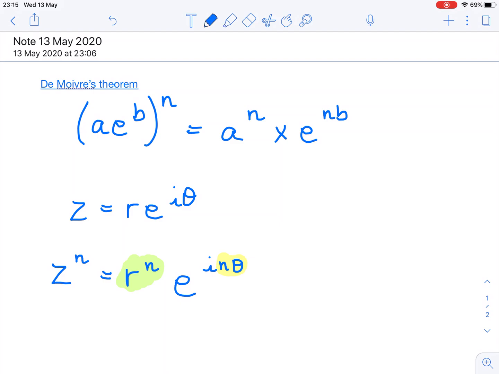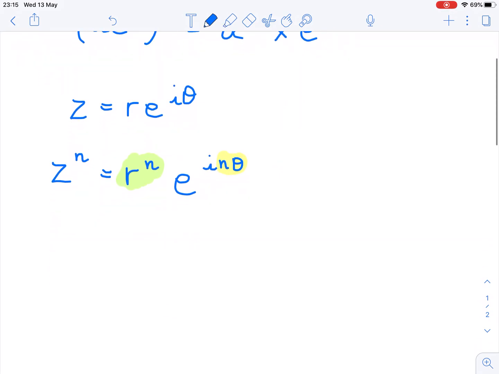So this new complex number z to the n has a modulus r to the n and an argument n theta. So the modulus is raised to the power of n, whereas the argument is multiplied by n.